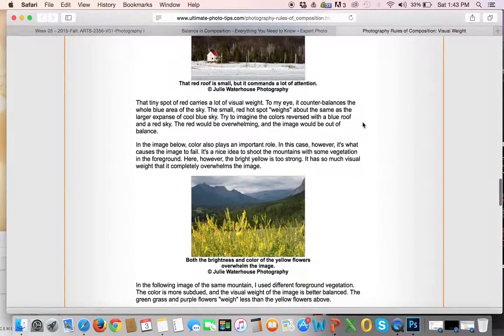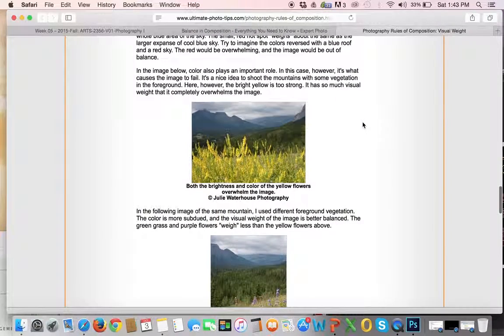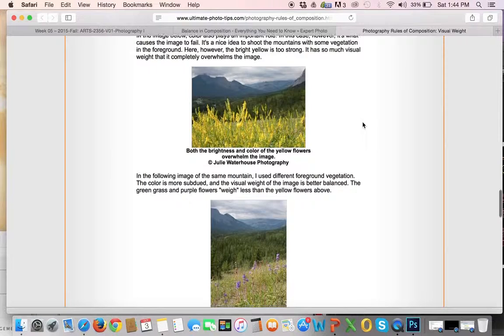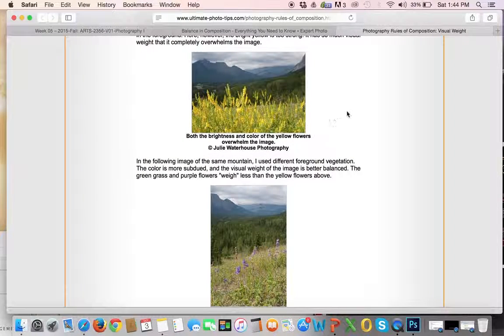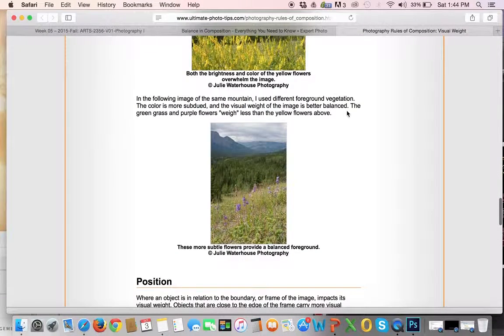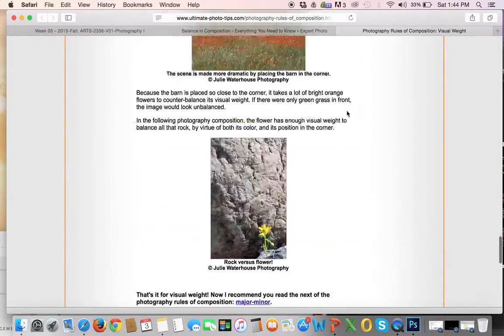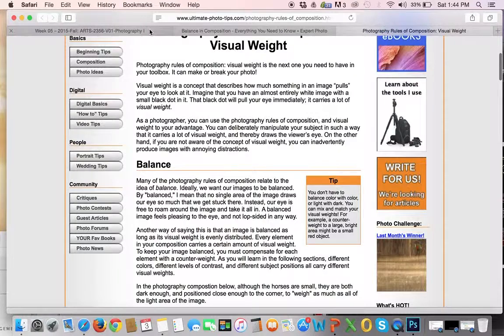I'm trying to get all the different ways that we could possibly break up the space. And so you're going to have assignments for using line, using color, using some kind of contrast to devise your focal points.